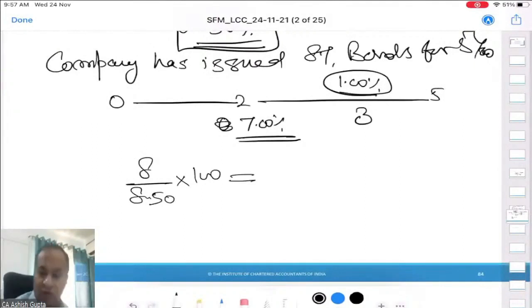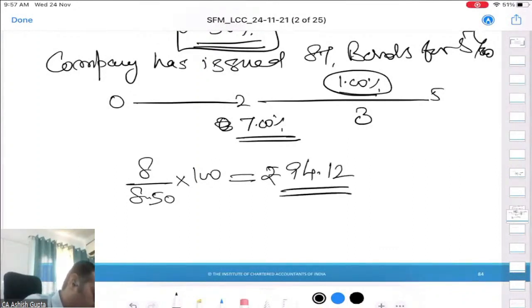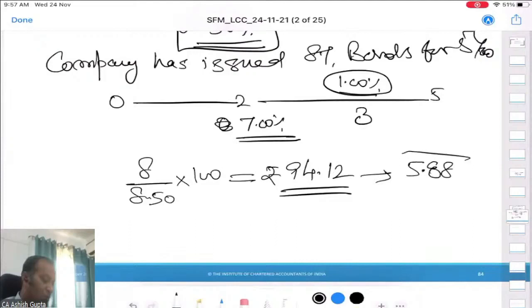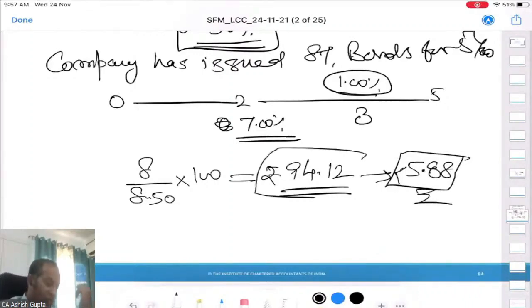I will pay this much because I am getting the same value. So my value of the bond will be up to 5.88. Students, you must see that with rising interest, the value of our bond will fall, and this is the risk in the bonds, interest rate risk. This is the prime and most important risk.